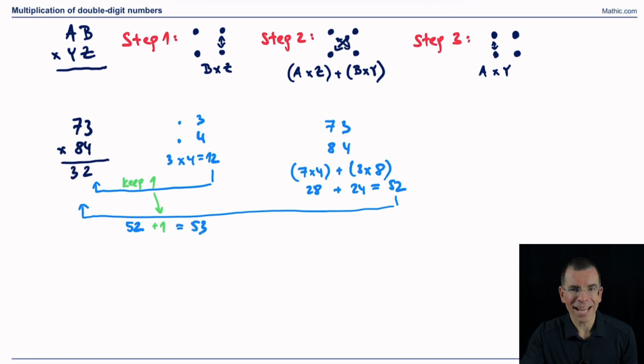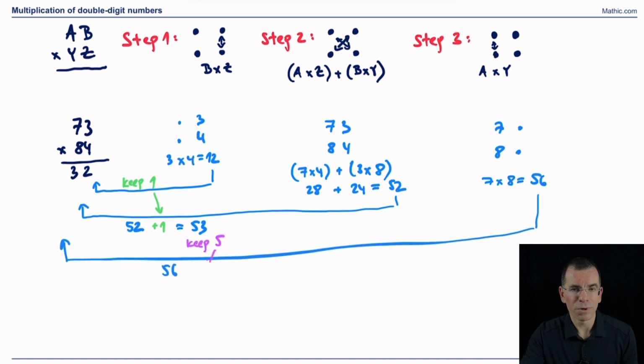We write 3 as the second last digit of our final result and we keep in mind number 5. Step 3, we multiply 7 times 8 to get to 56. We add 5 on top from step 2 to get to 61. We can write 61 as the first two digits of the final result. So 73 times 84 equals 6132.